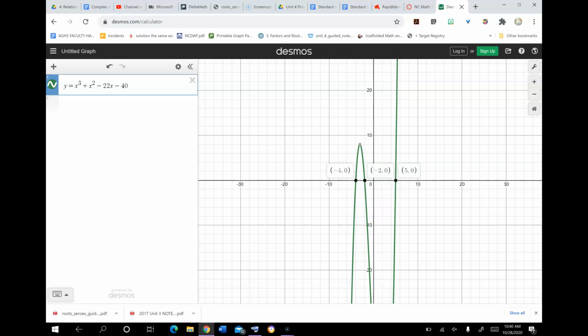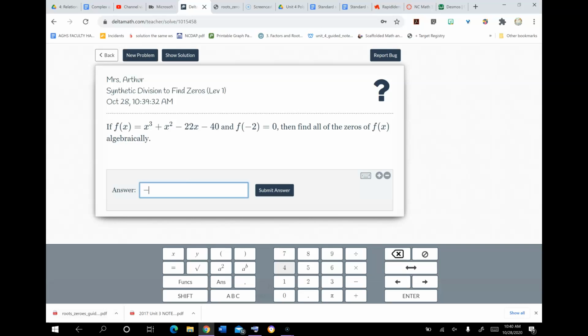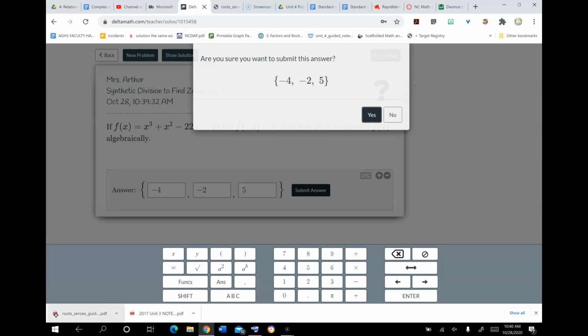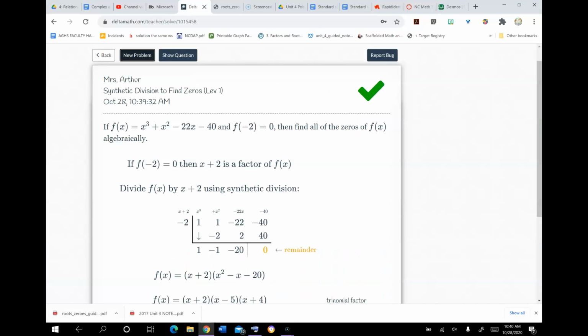Guess what? It does. -4, -2, and 5. So -4, -2, and 5. -4, -2, and then 5. Submit your answer. And we got it right.